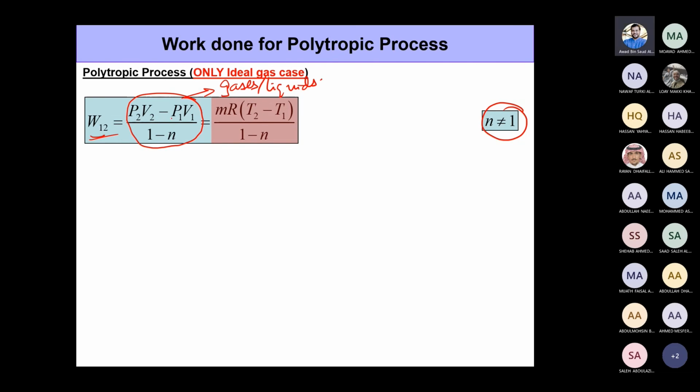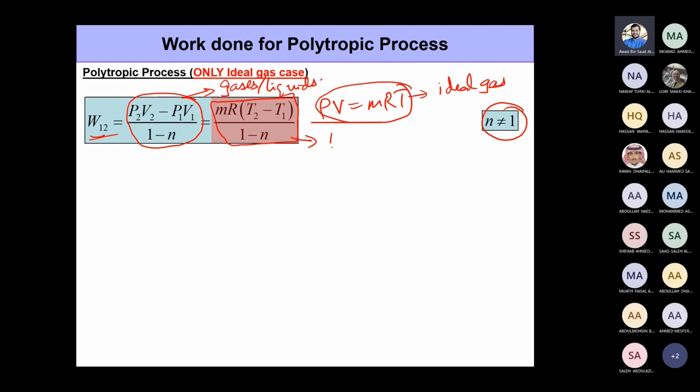However, we can write another form of this equation by replacing PV with MRT, okay, which applies only for ideal gas. So when we do so, we get this expression right here shown in red. So everything that is shown in red in this slide is only applicable for an ideal gas. So for an ideal gas, you can also write it as MR (T2 minus T1) by 1 minus n.